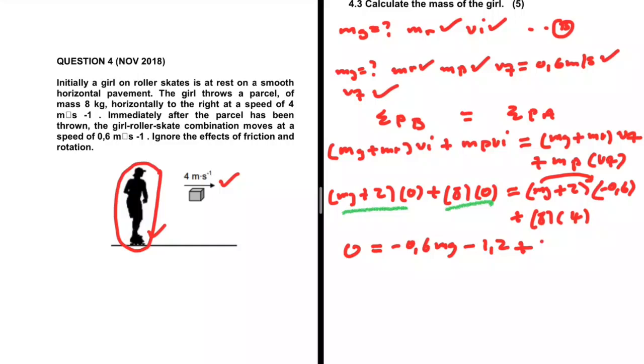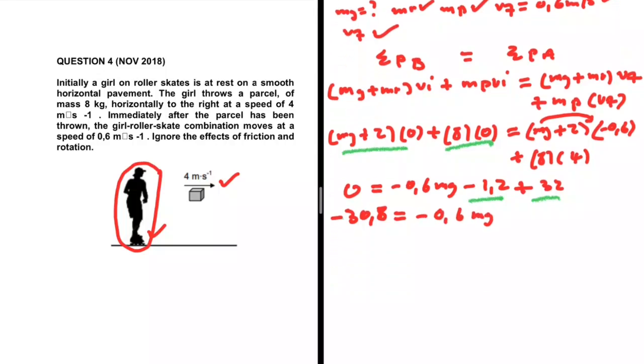So we have plus 32. If we take minus 1.2 and 32 to the left hand side, we're going to have plus 1.2 minus 32. So we're going to have minus 30.8 being equal to minus 0.6 mass of the girl.